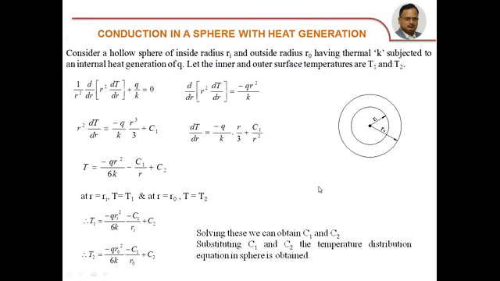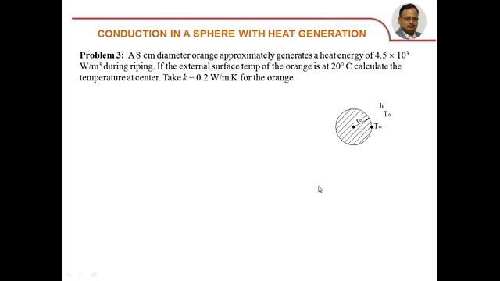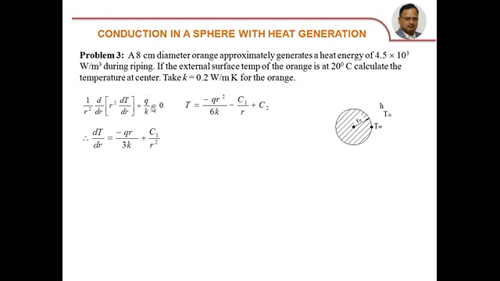Students are advised to remember only the governing equation for one-dimensional conduction with internal heat generation. Except this, don't learn anything by heart. At any point of time, if a problem is asked on internal heat generation, you start with this and solve this. Get the temperature distribution equation.